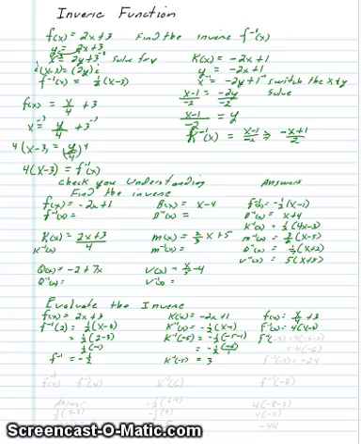So we're going to evaluate f inverse at negative 3. I substitute negative 3 in for the x. So I have 4 times negative 3 subtract 3, which is negative 6. So f inverse evaluated at negative 3 is negative 24.